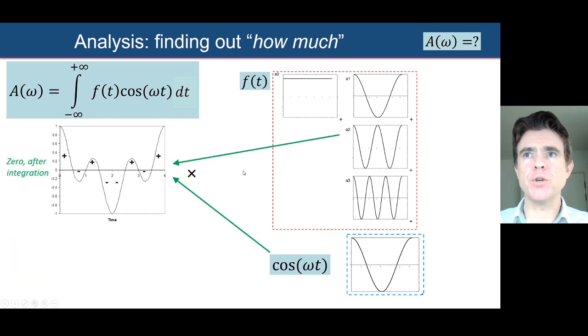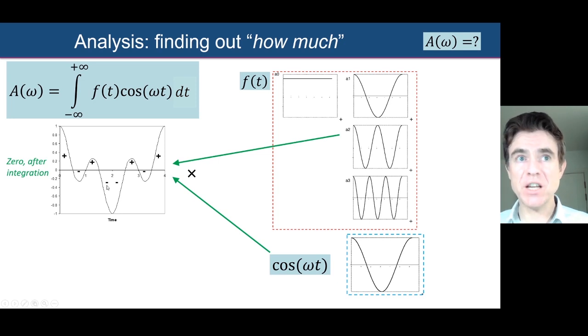In the next example, I'm showing what happens if we fix on this omega equals 1 case and multiply it by the second frequency component that is present in f of t. Again, when you multiply cos of 1 by cos of 2, you end up with a function that's as much positive as it is negative. So if you integrate that, you get a 0 result.